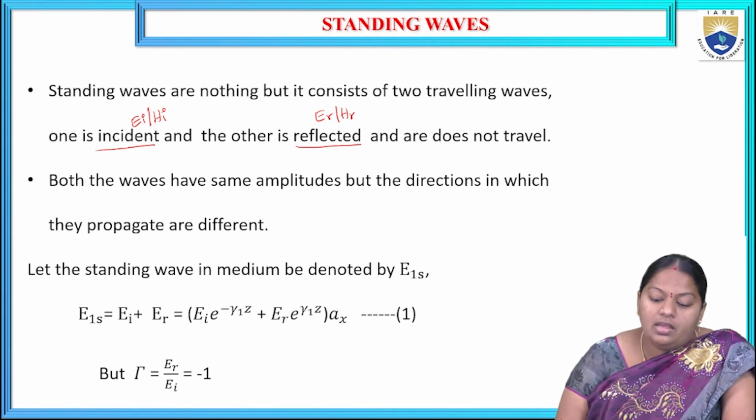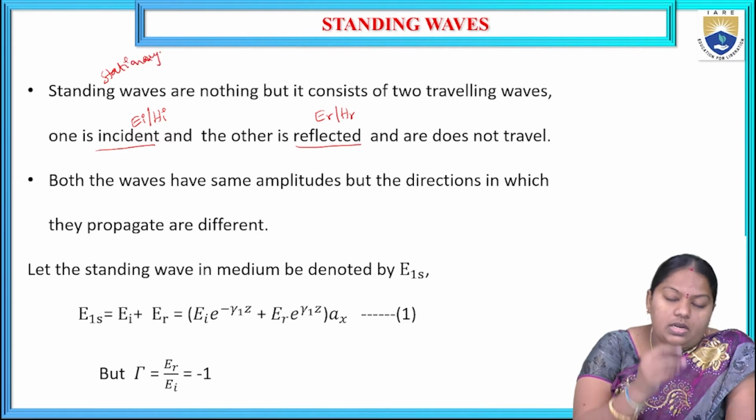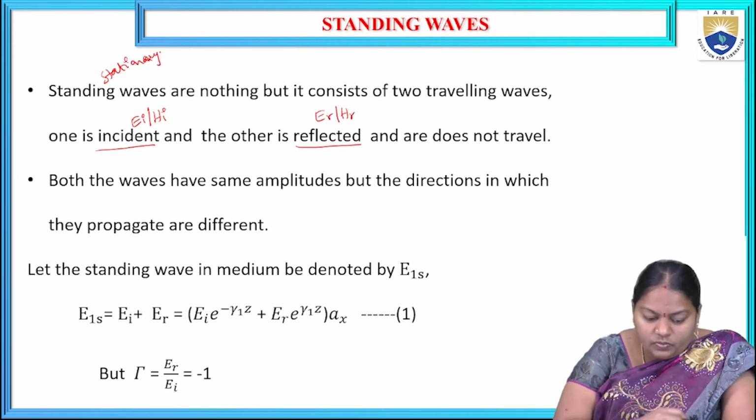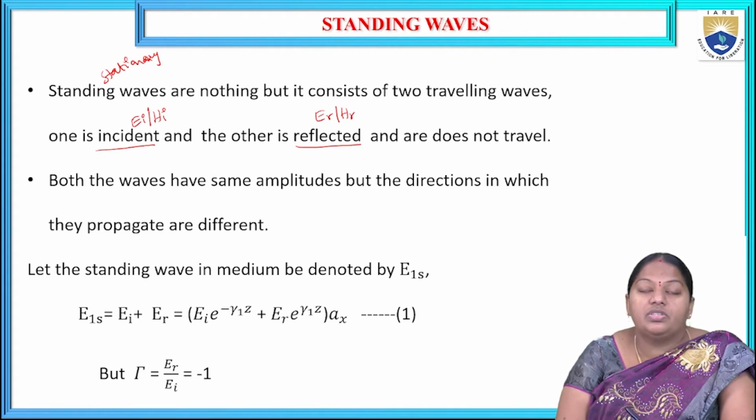Hence, standing waves are also called stationary waves. Both the waves have the same amplitudes, but the directions in which they propagate are different. Here the moving direction is different, but the amplitudes are the same, right?